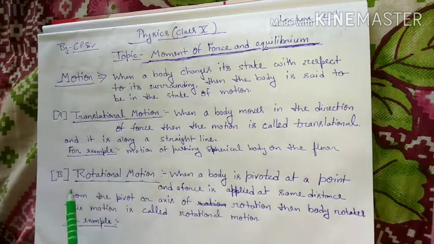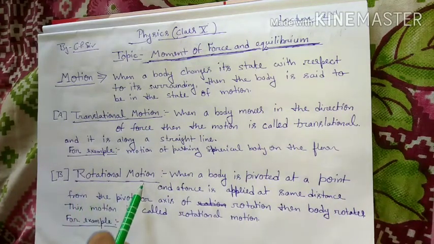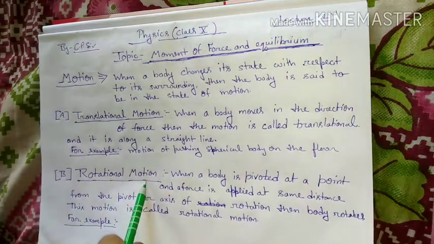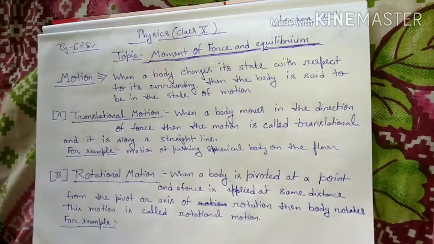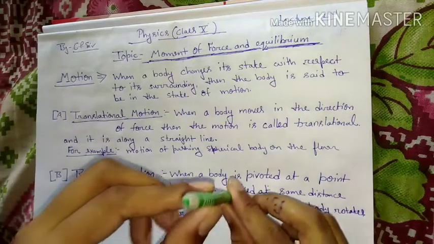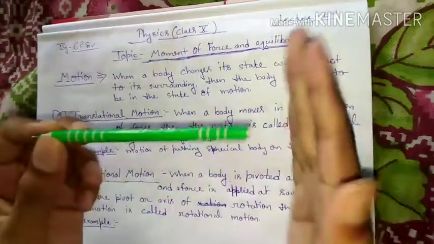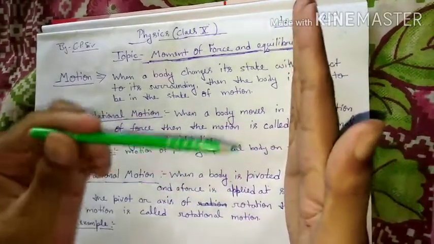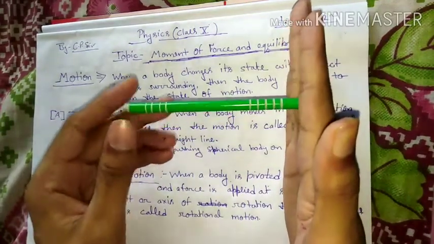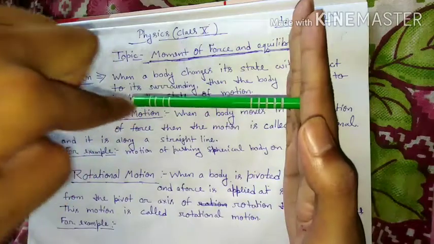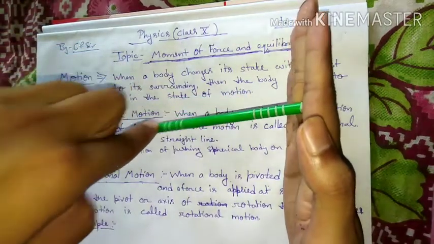Now we study the second part of motion, that is rotational motion. In this type of motion, a body is pivoted. Pivoted means fixed. Suppose this is a pen, when we fix it in a wall like this, and then apply a force vertically, it will rotate.